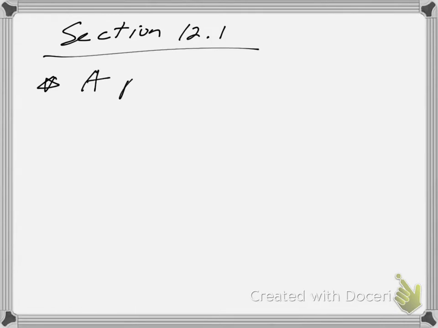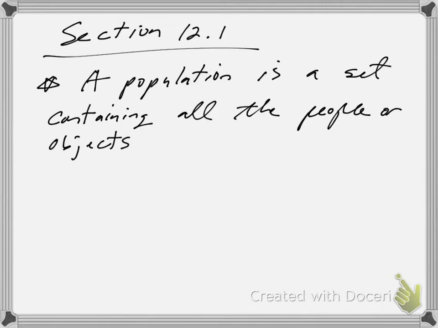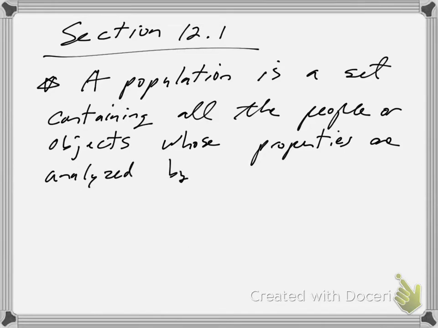A population is a set containing all the people or objects whose properties are analyzed by the data collector, whoever that is.